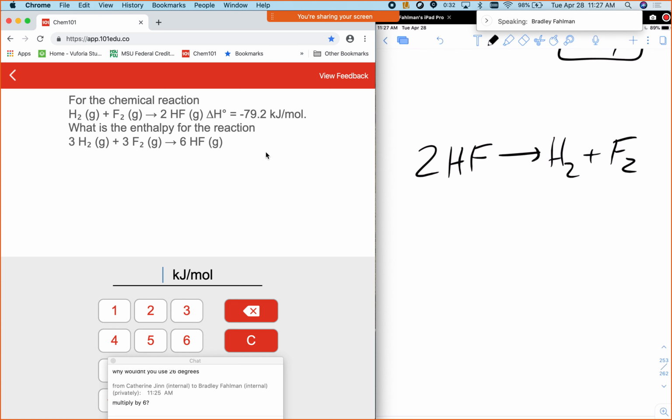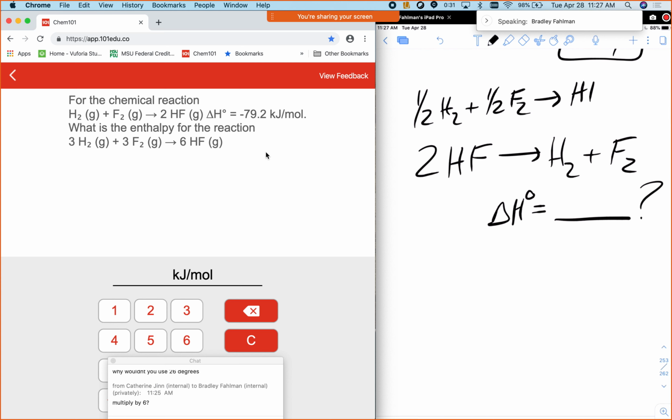So what do you think? What would it be for this? What is the delta H for this? Would it be negative 79.2 divided by 2? No. So that one would be 1/2 H2 plus 1/2 F2 goes to HF.